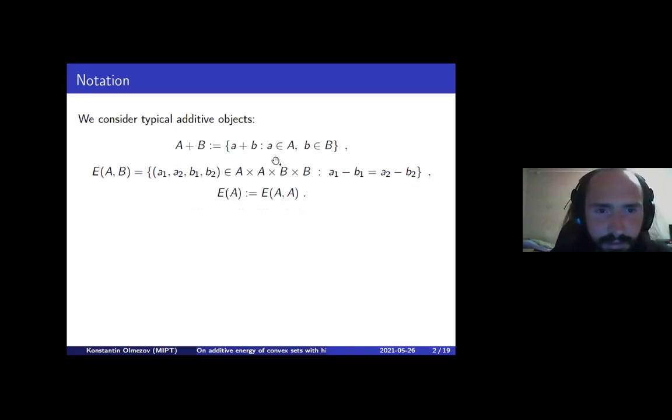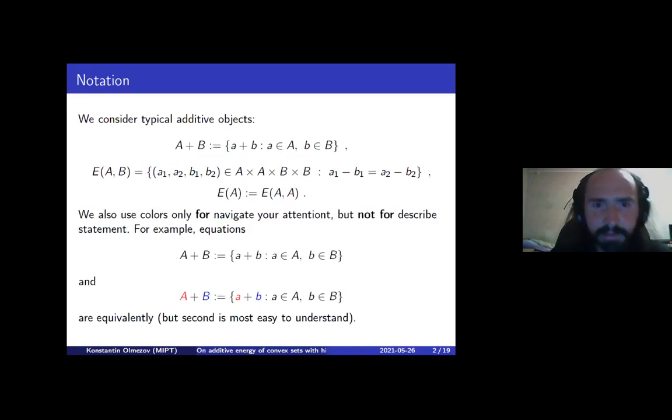I think it does not need to be defined in detail. And I use color to improve navigation of your attention inside formulas, inside equations. Color is not a word, color is not part of the statement.